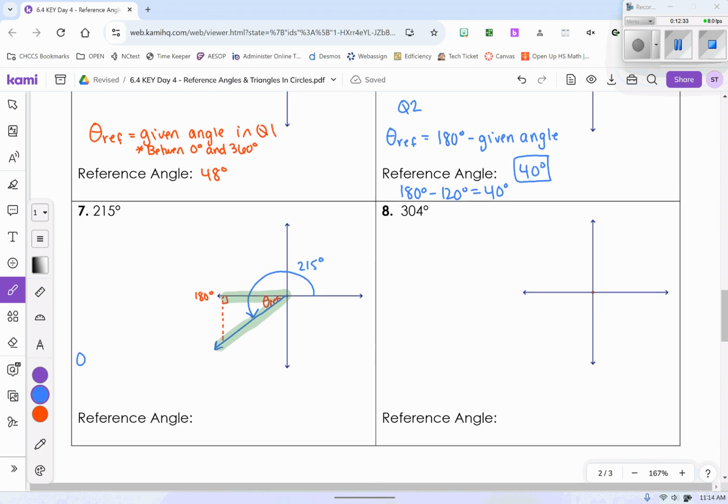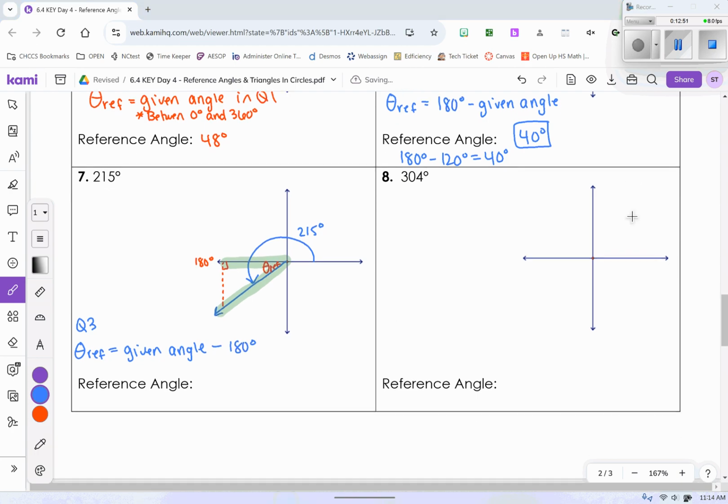So for quadrant 3, theta reference is equal to the given angle minus 180 degrees, as long as your given angle is between 0 and 360. So in this case, we have 215 degrees minus 180 degrees, which gives us 35 degrees. So that is our reference angle.